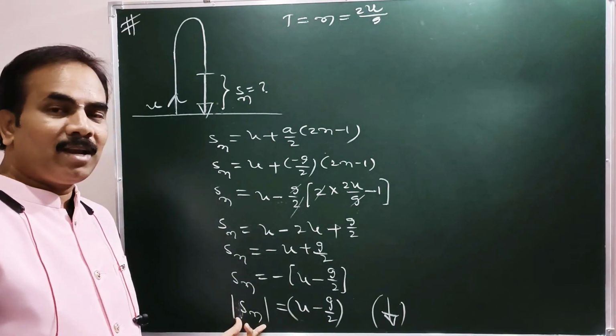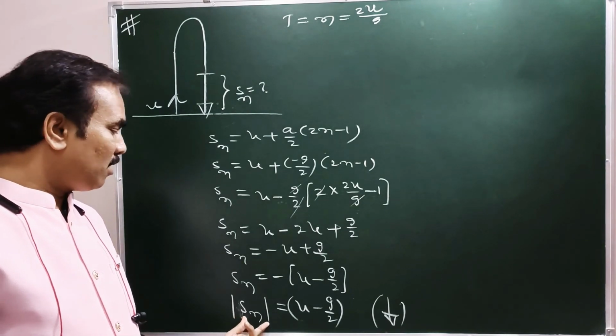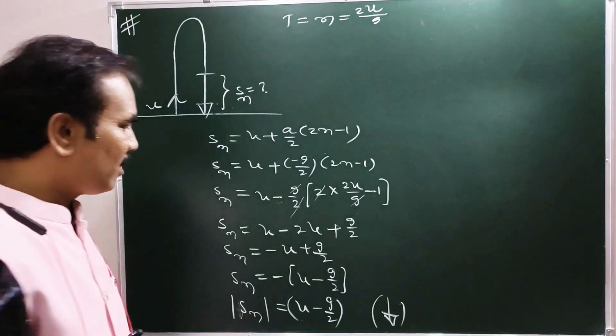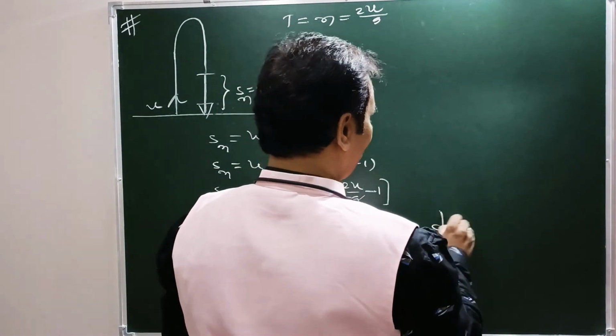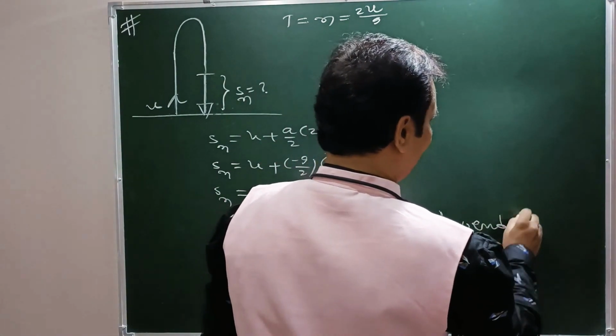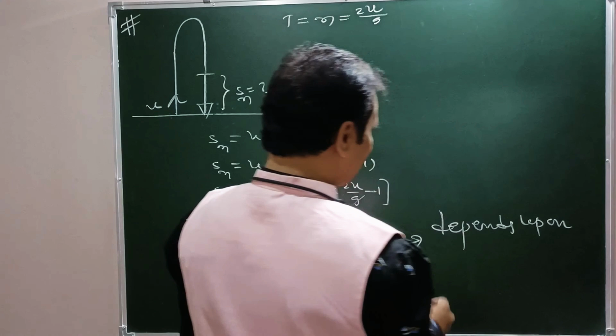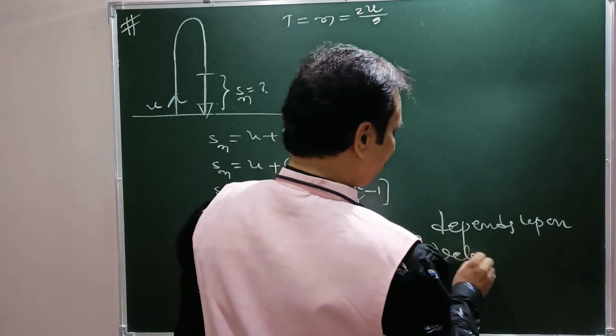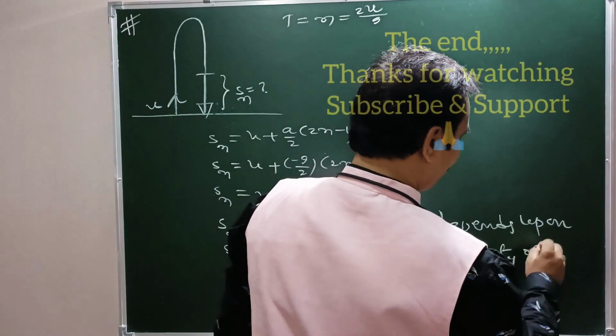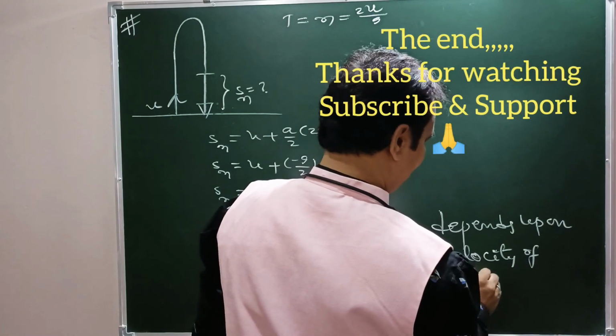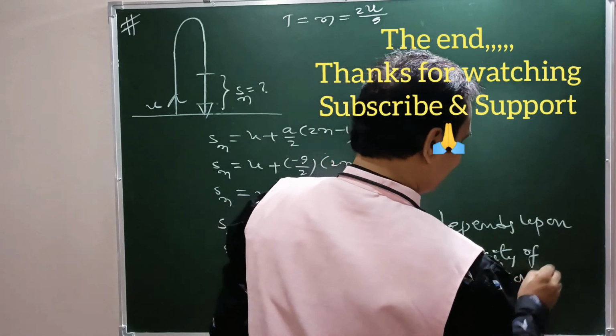Therefore the distance covered in the last second of entire motion increases. So it depends upon the velocity of projection, that is the initial velocity.